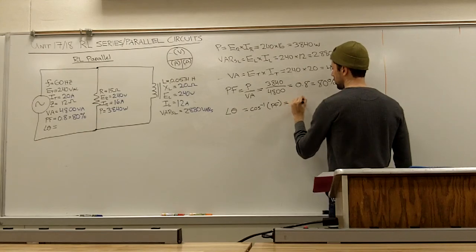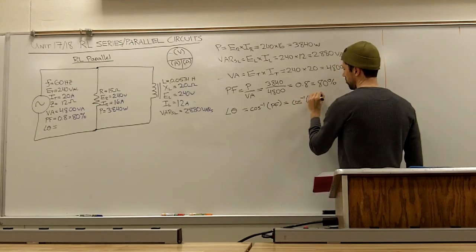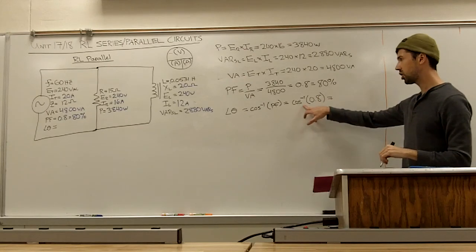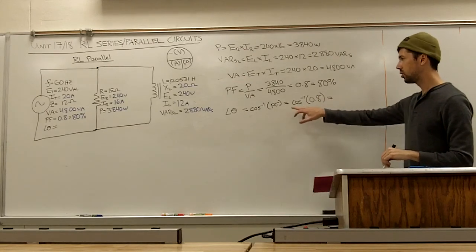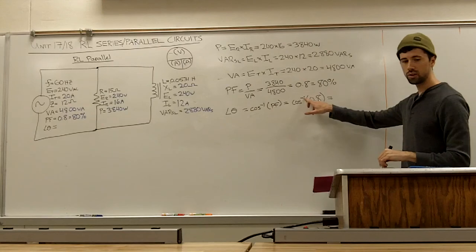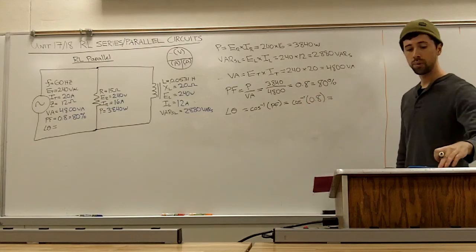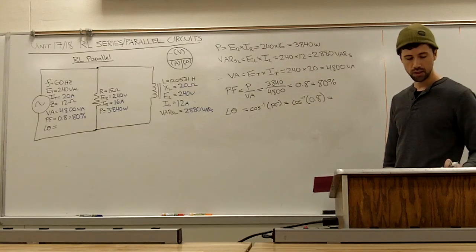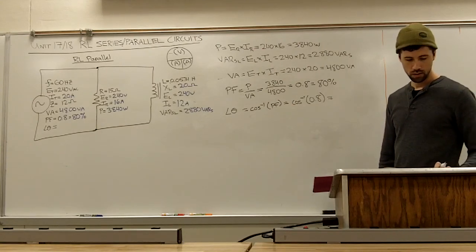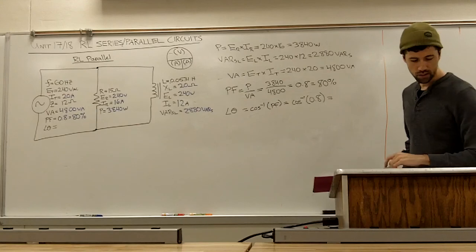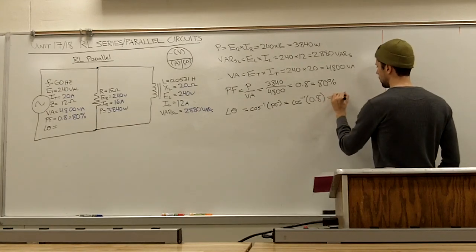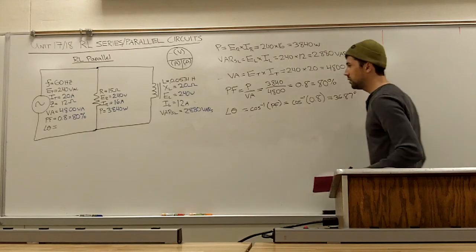So this is the arc cosine of 0.8 for power factor. Once again, make sure you're not putting just cosine in your calculator. You're using the arc cosine, or the cosine with that -1 power. Typically, all calculators require you to push the second or the shift key to get to that. And so that gives me an angle of 36.87 degrees.